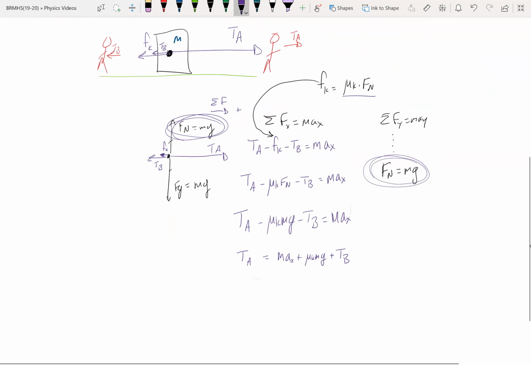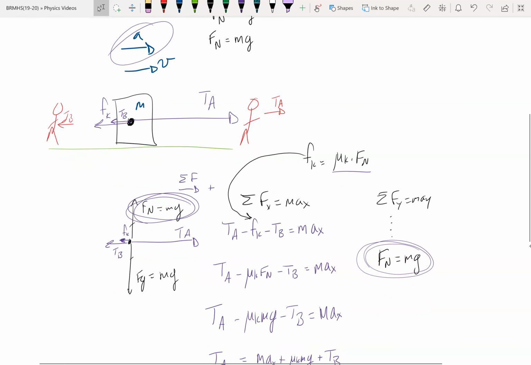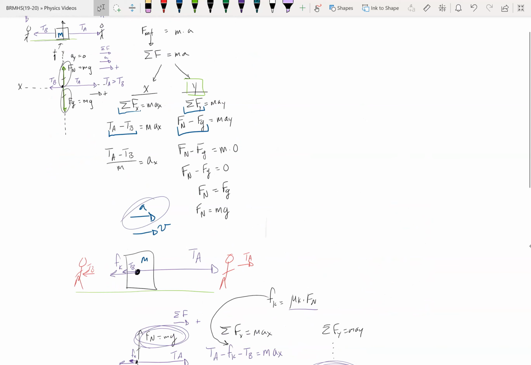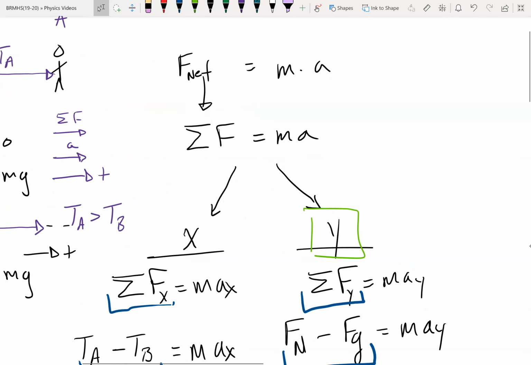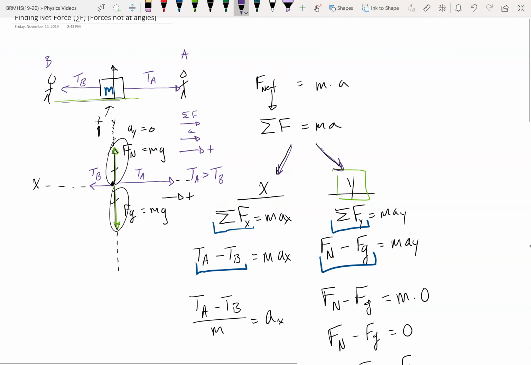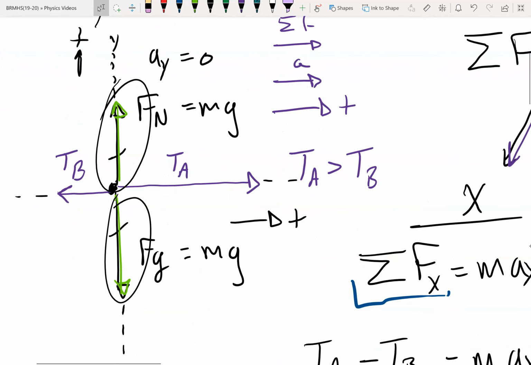Okay. I mean, that's really about it for just forces in one direction or the other, all parallel, nothing at a weird angle. Always remember that you need to look at F equals ma in both directions. Things can balance out like we have vertically here, in which case normal force is just equal to Fg.